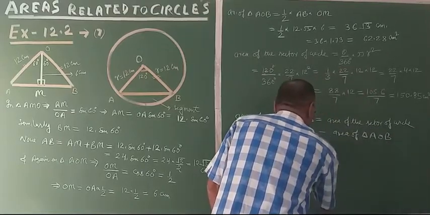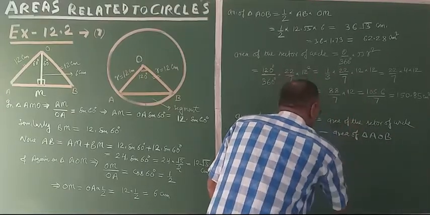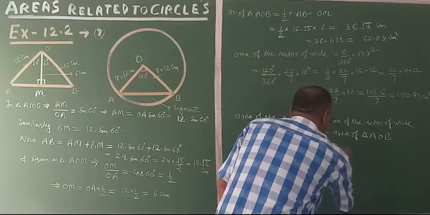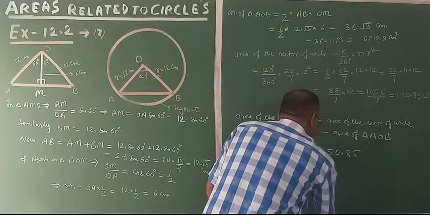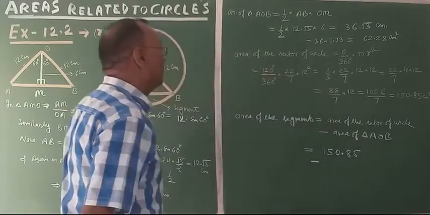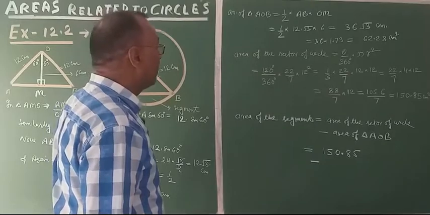So what is the area of this one? 150.85 minus area of the triangle AOB is 62.28.